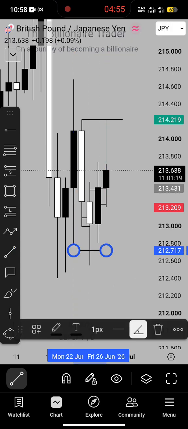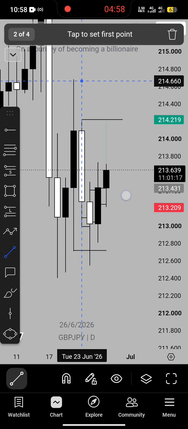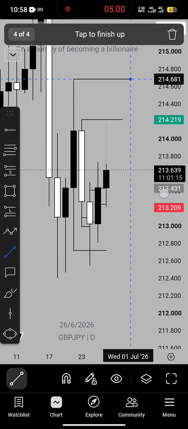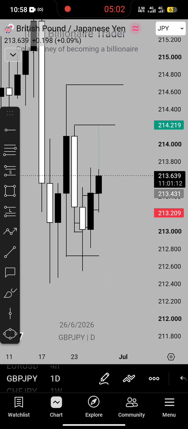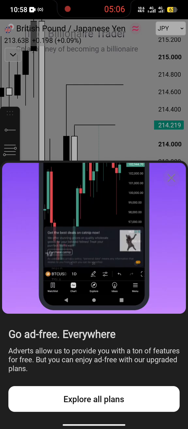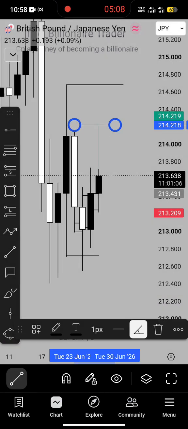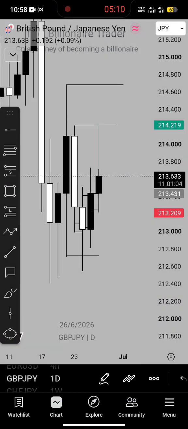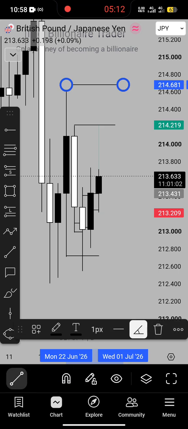Starting from the weekly to this daily, this is our final target, because that is the external range liquidity to be taken out. This internal range liquidity is our first target, while this high is our final target.